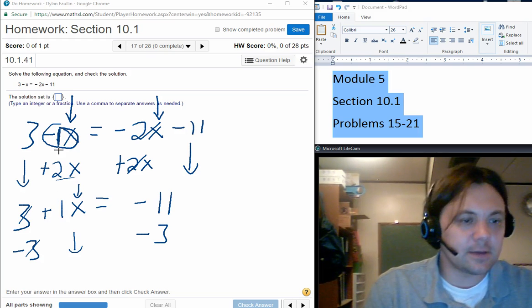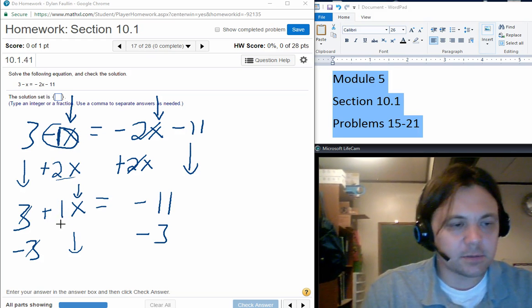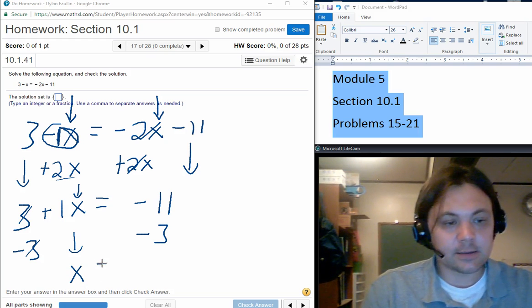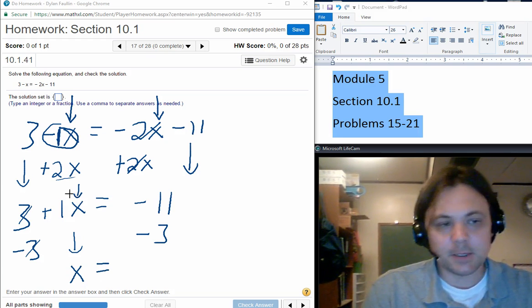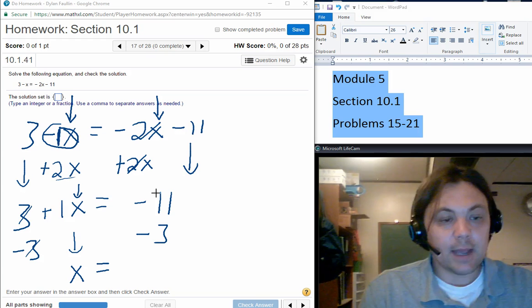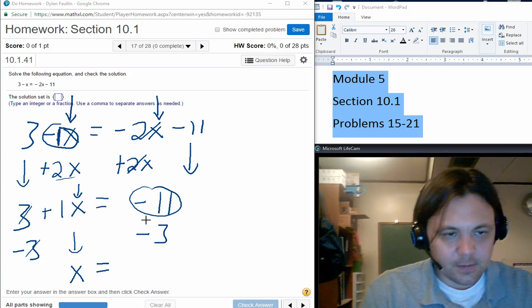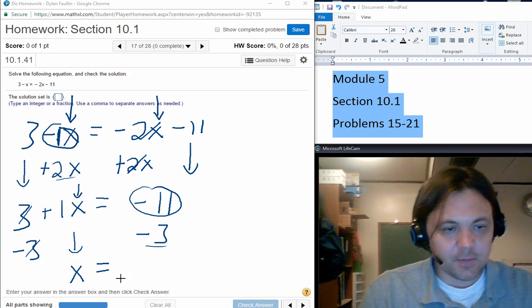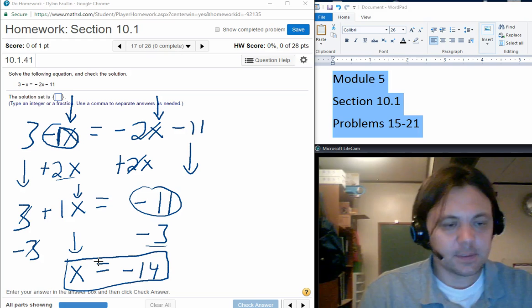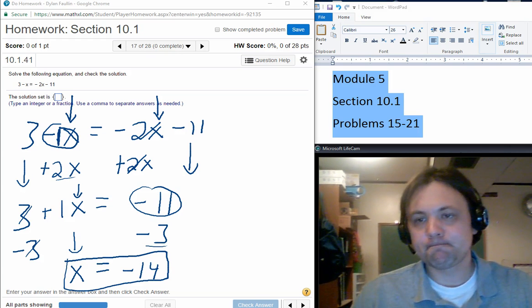I'm just doing it so that you can see what happened to the numbers here. 1 times x simplifies to just x. And many people, most people, just write it that way to begin with instead of waiting. So a lot of people just put x here. We have negative 11 minus 3, so they're both negative. So that's going to come out as negative 14. All right, and that'll be our solution. X is equal to negative 14.